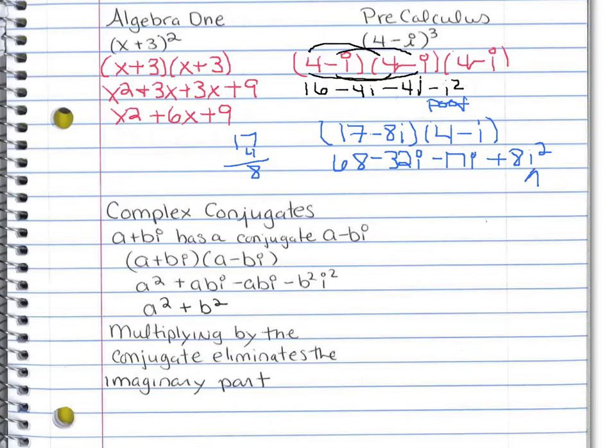As soon as you see the i squared, poof, it becomes negative 1. So you end up with 68 minus 49i minus 8, which is 60 minus 49i. So you're treating i's exactly as you're treating x's. It's just whenever you see an i squared, poof, you change it to negative 1.